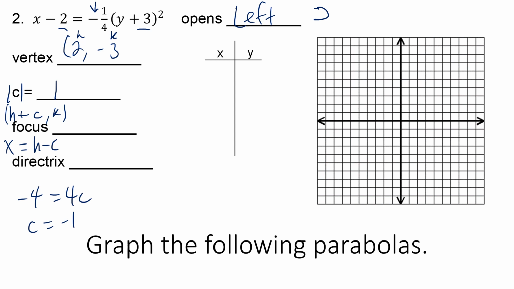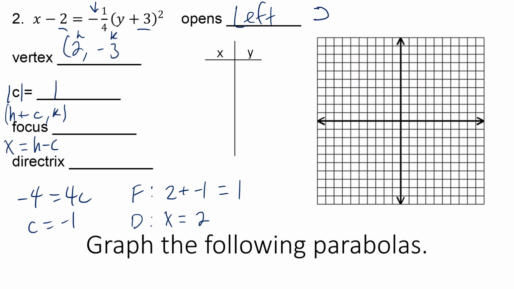All right, so our focus: our h is 2, our c is -1. So 2 plus -1 equals 1. Our directrix, it's x equals, our h again is 2, our c is -1.